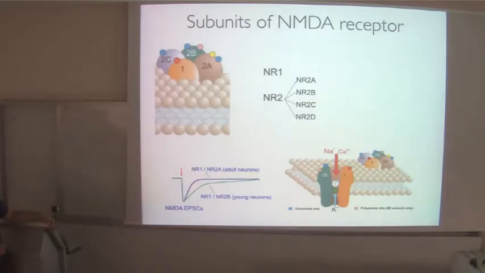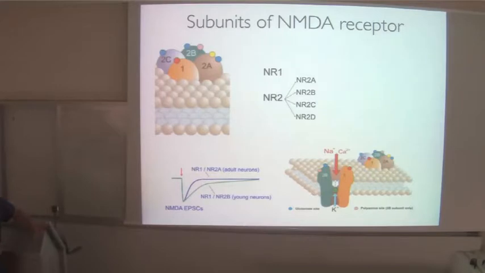One of the interesting things that happens is that at some point during development, this subunit, NR2B, is replaced by NR2A. NMDA receptors are another story, and there are a lot of arguments about it, but they are apparently present at postsynaptic sites, but also at presynaptic sites.